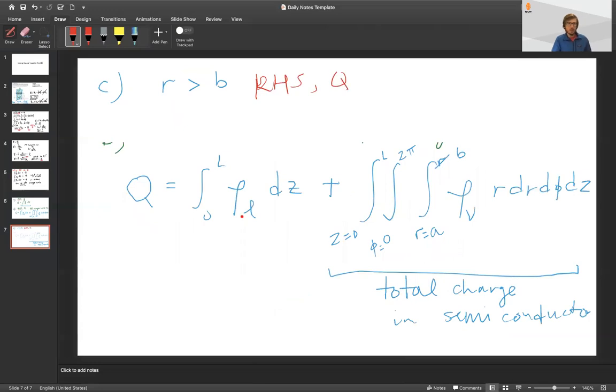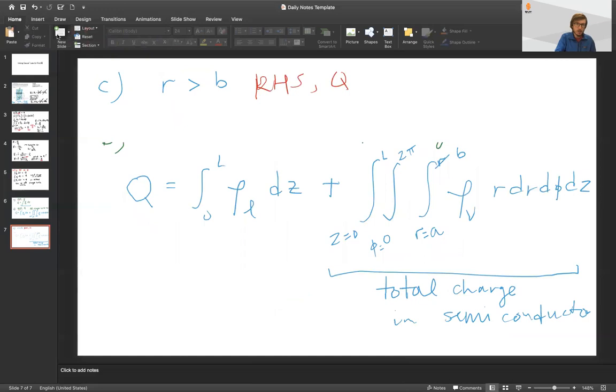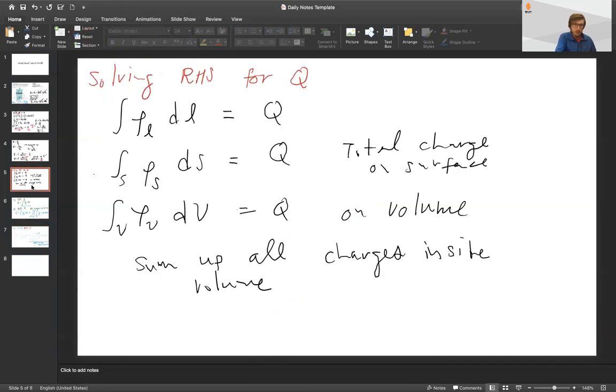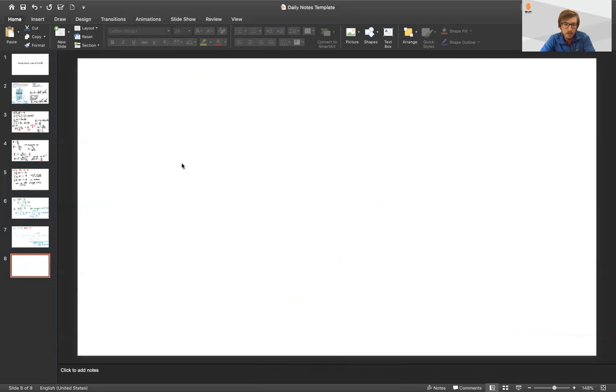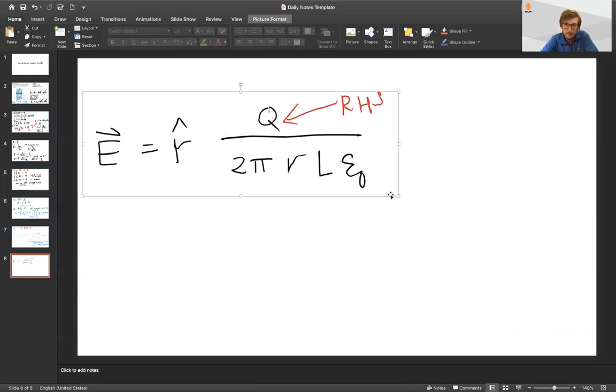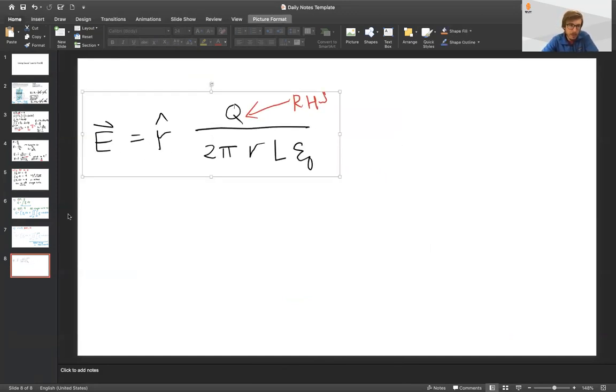The further out we go, we can just continue to add up all of the charge, and we will get expressions that tell us what the value of Q is.